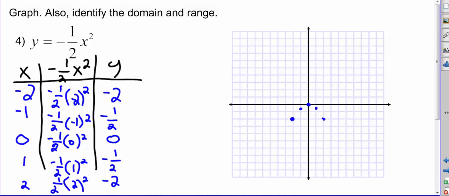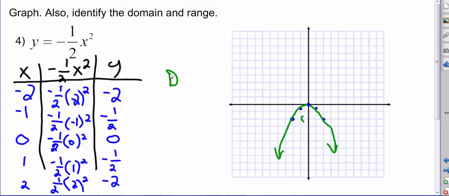So let's change colors again, and have this parabola go ahead and open up. So this one has a negative for our a value, so it opens down. And part of our instructions for this one was to identify the domain and the range.